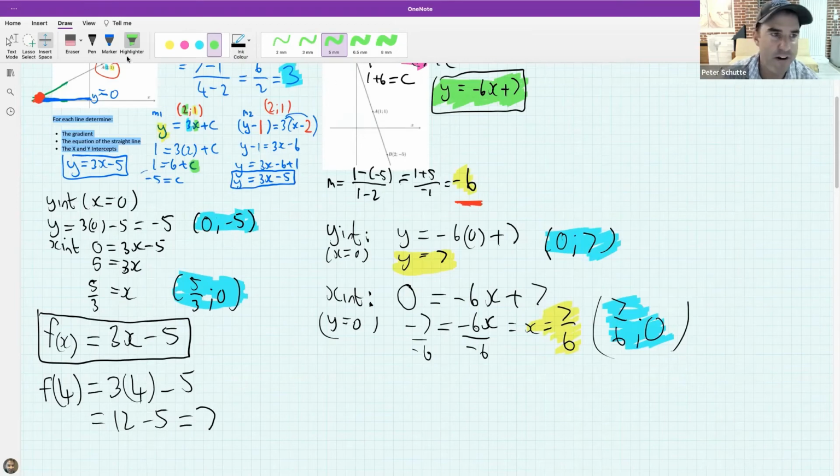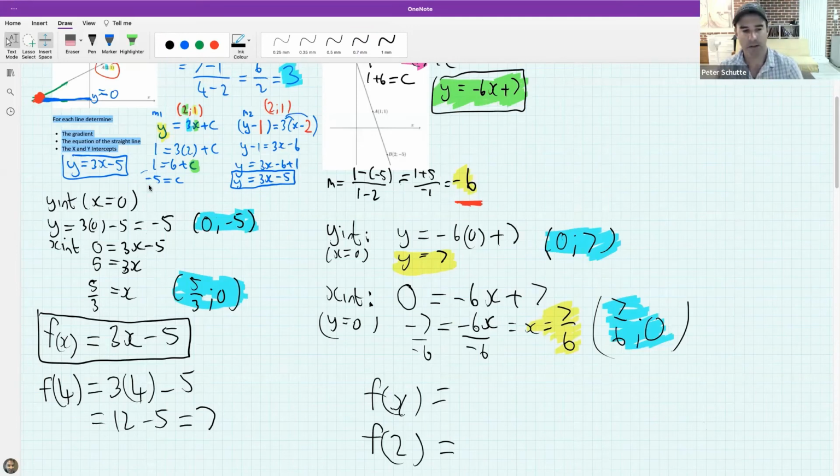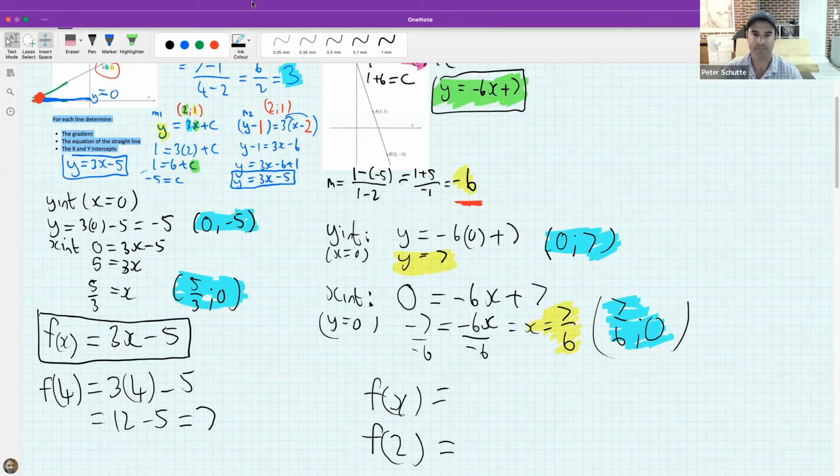And then I want you to find me the value of the f of 2. First of all, write the straight line in f of x notation, and then find me the value of the f of 2. Over to you guys. And I want to see those answers in the chat.